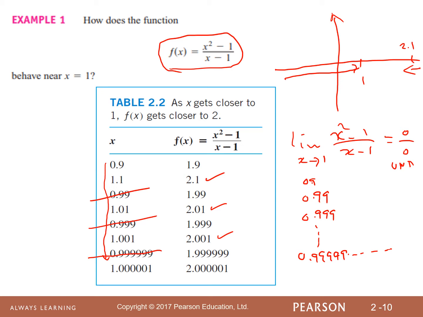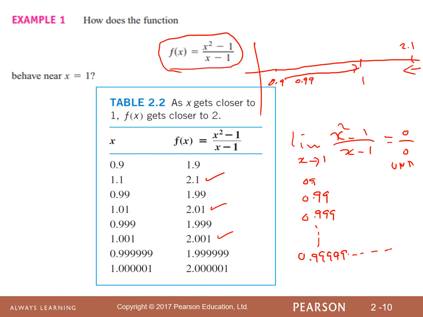See, the book put them both together. I would have just put them like this. Starting from here, this is 0.9, and this is 0.99. Let me put the x-axis on this side. We're trying to approach 1.